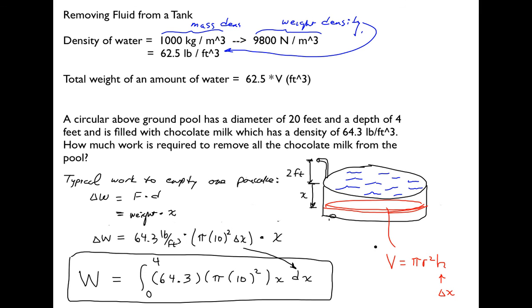Another way to do it is make your frame of reference now at the top up there. If the frame of reference was up there, then how would the integral change? 0 to 6? Not quite. Yeah, 2 to 6.